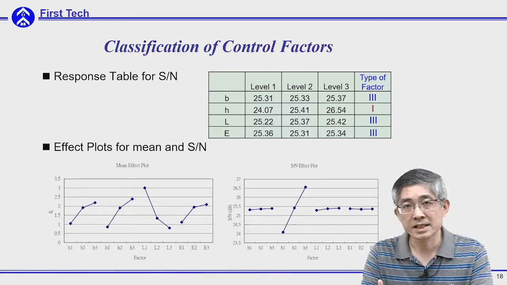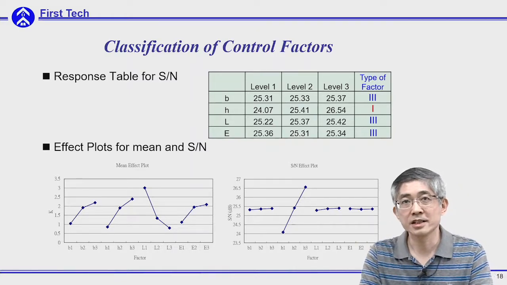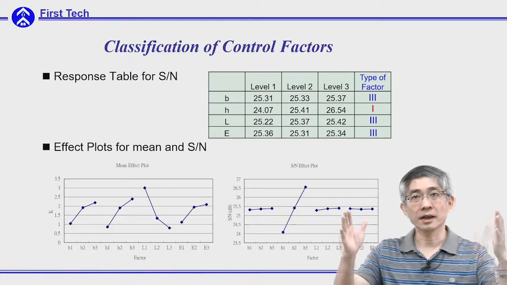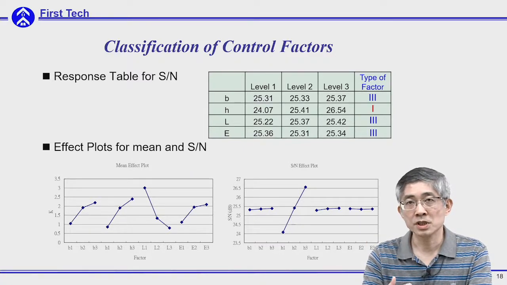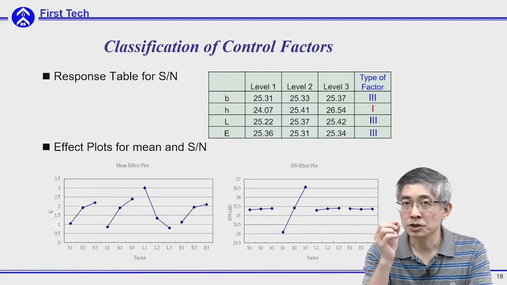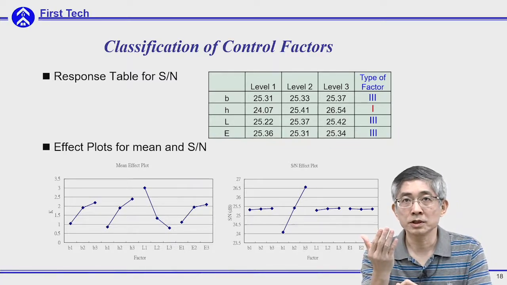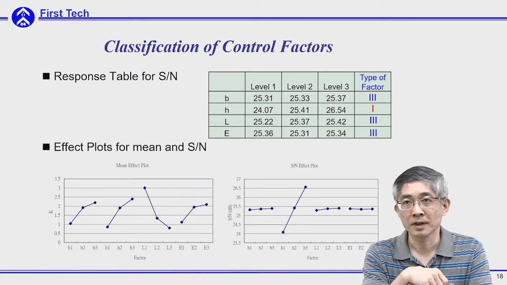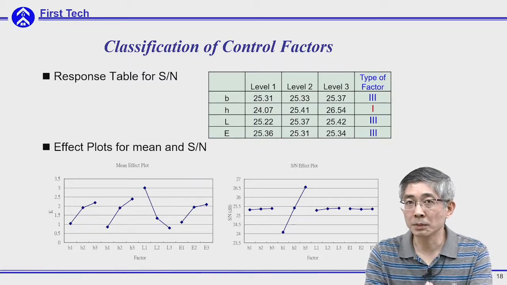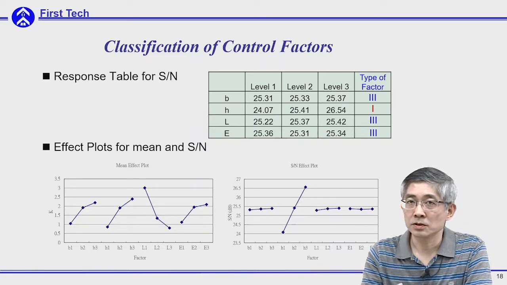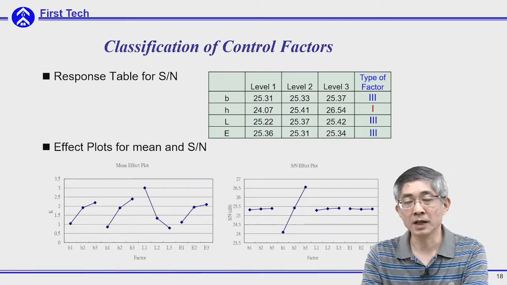So we should select a scaling factor from the type 3 control factors. We have 3 candidates: the width B, length L, and the material property E. As we mentioned before, we need to adjust these scaling factors, up and down, freely, in order to move our average output to target. Here, material property E, which is Young's modulus, is not an easy property to adjust. Young's modulus is a discrete variable, so it is not suitable as a scaling factor.